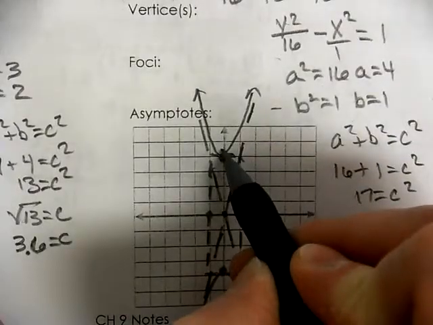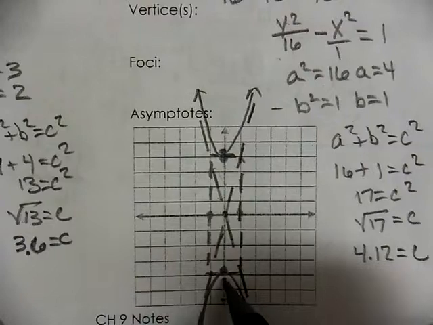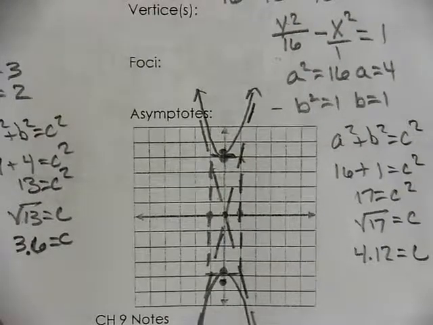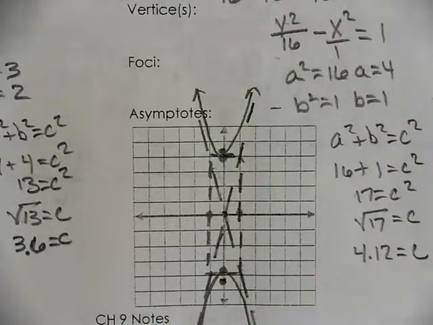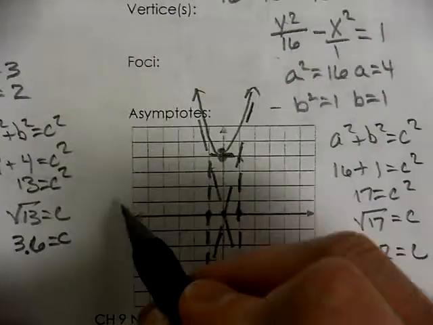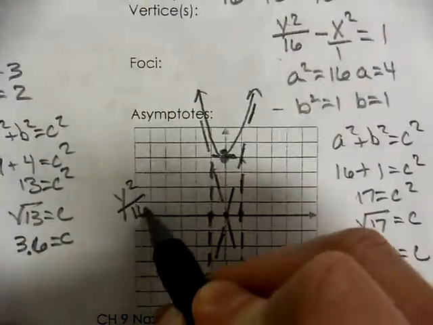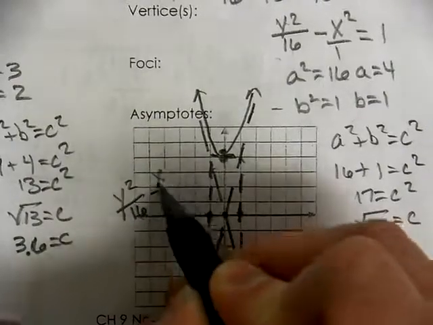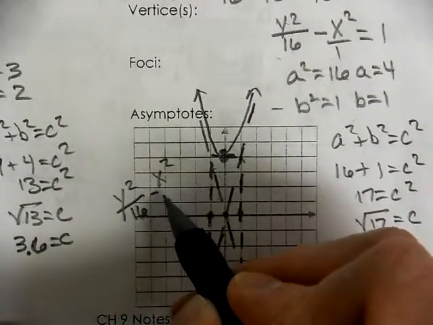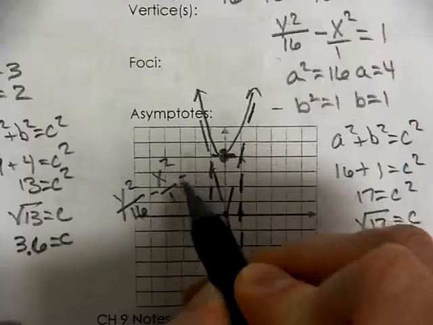So on your graph, that's just a little bit more than 4. And we like to write the equation y squared over 16 minus x squared, you could say over 1 if you wish, equals 1.